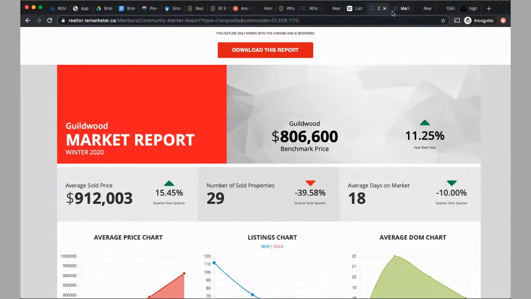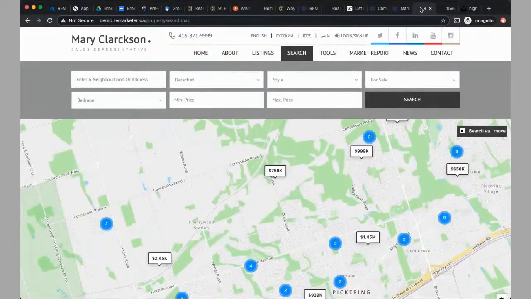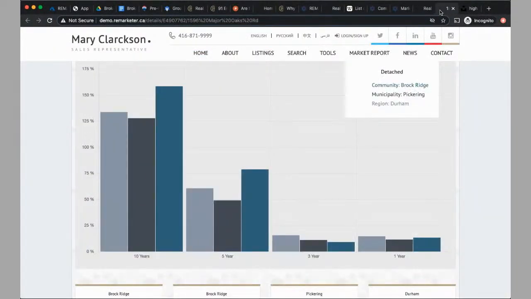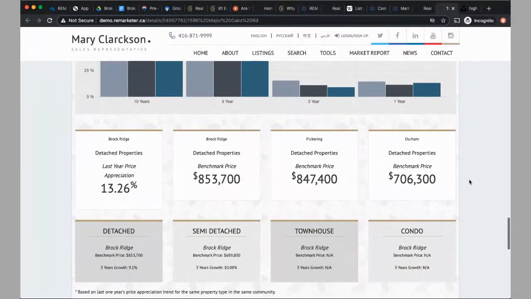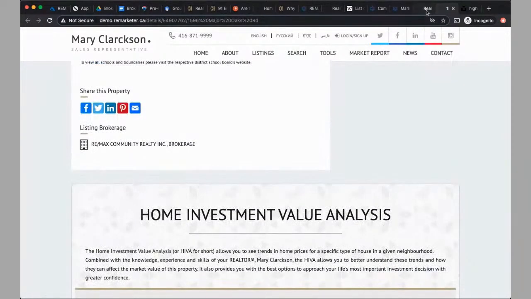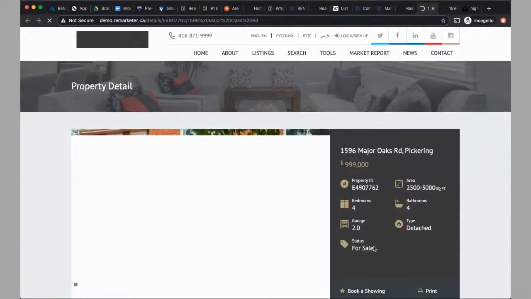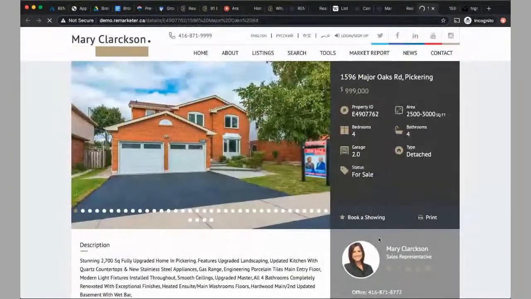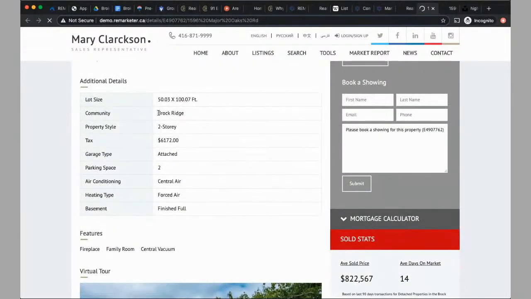Now, if I go to the website and we look at this property right there, this is a detached property in Brockridge.